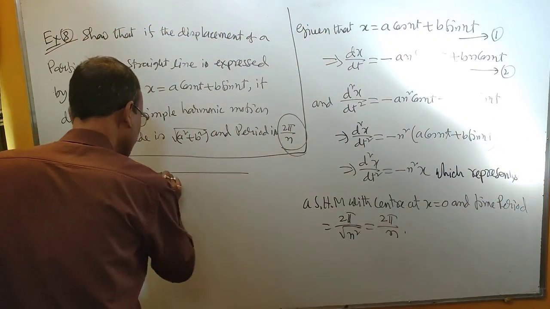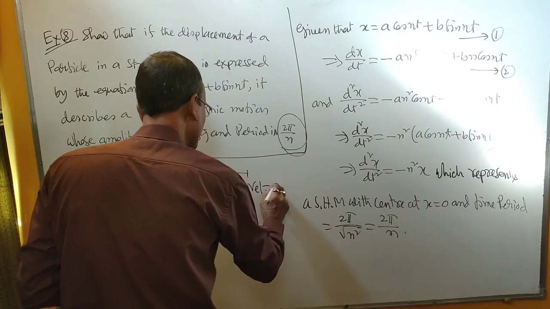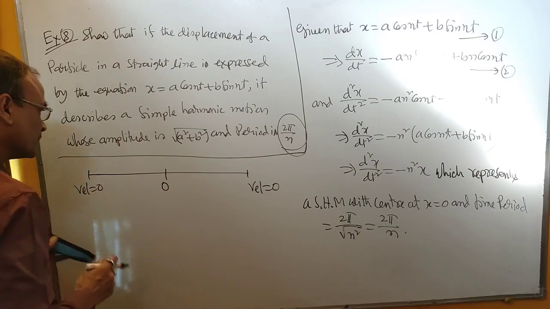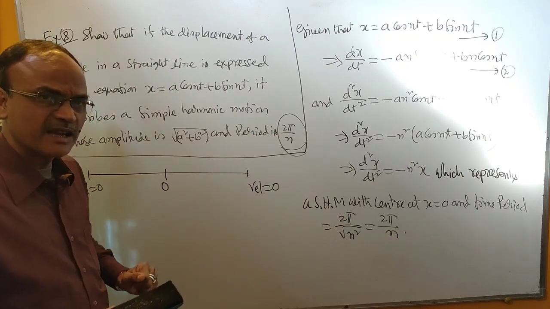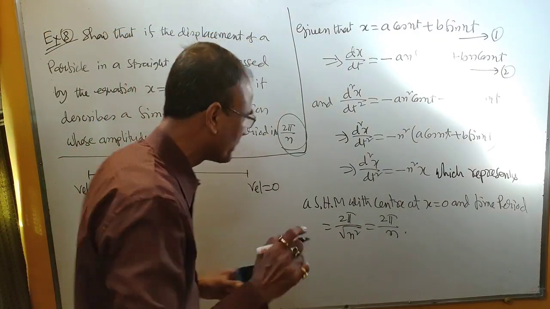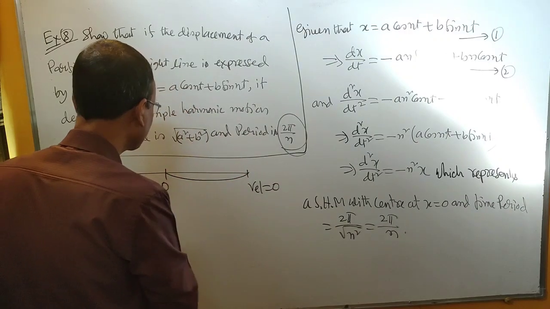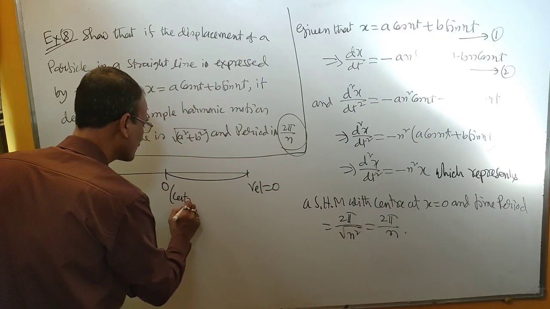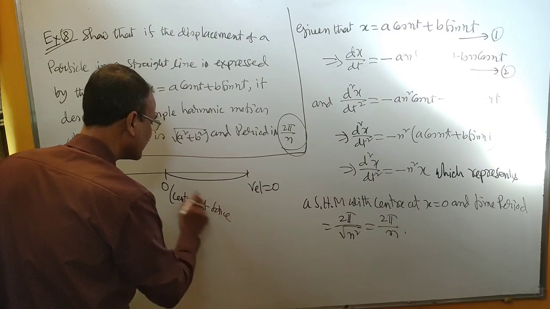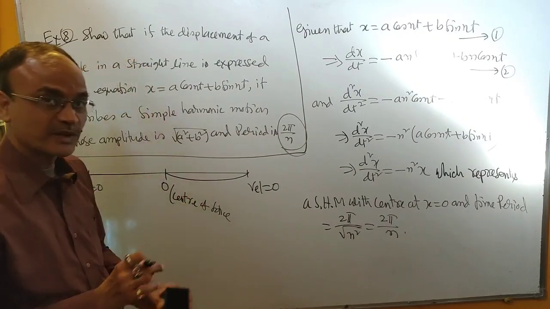You see here, this is the center of force O. Here the velocity v is equal to 0. The distance between the center of force and the position of rest is the amplitude of motion.